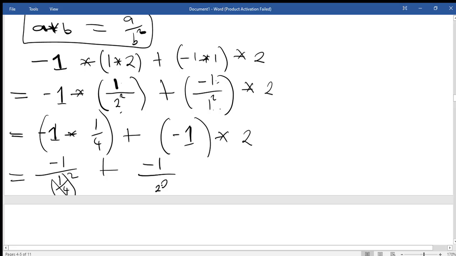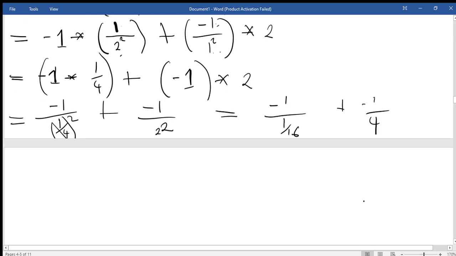So what am I going to have? This is negative 1 over 16 plus negative 1 over 4. So from there, I'm now going to have this divided by that. Obviously we know this is just as good as negative 1 divided by that.